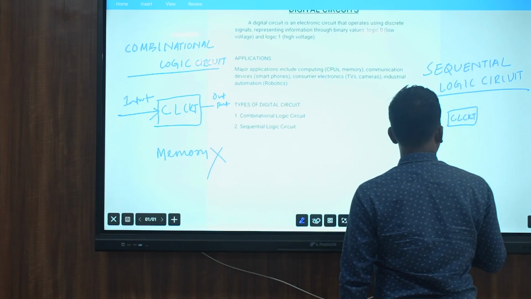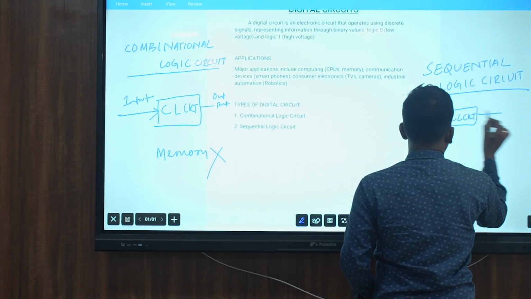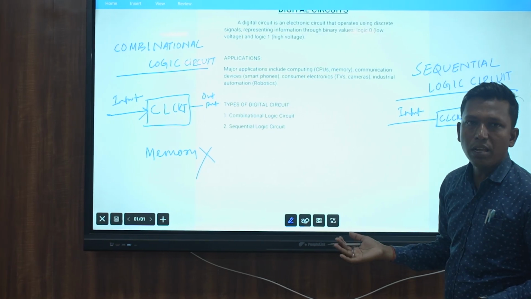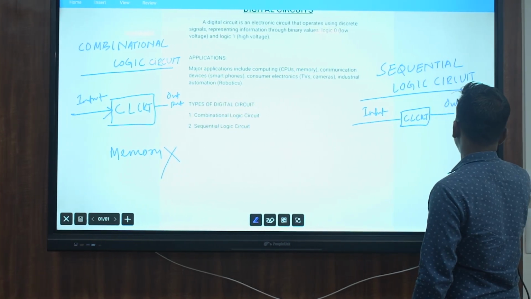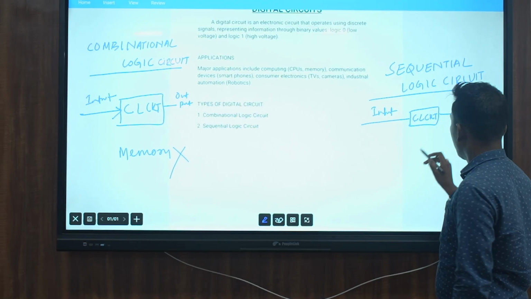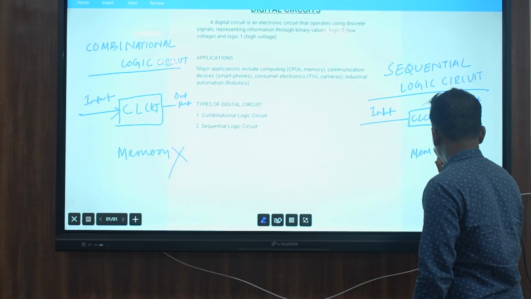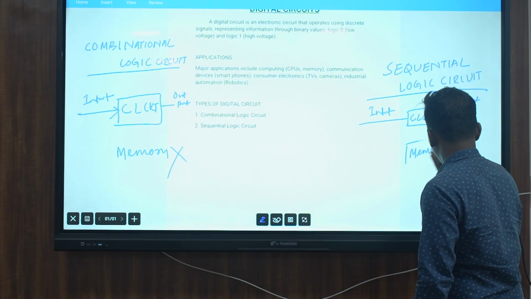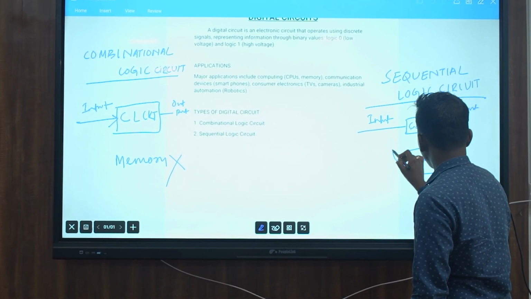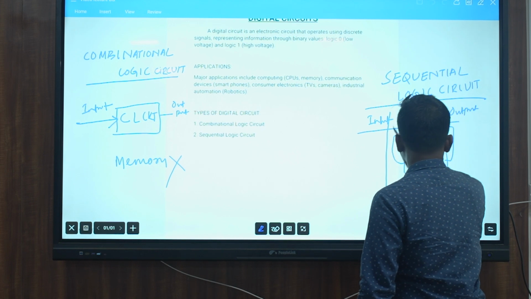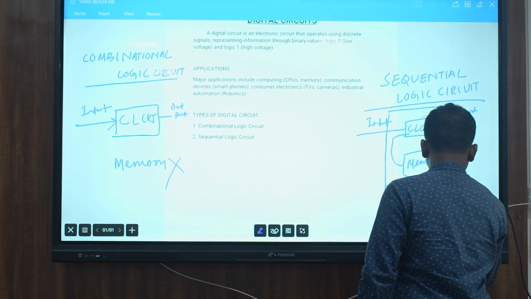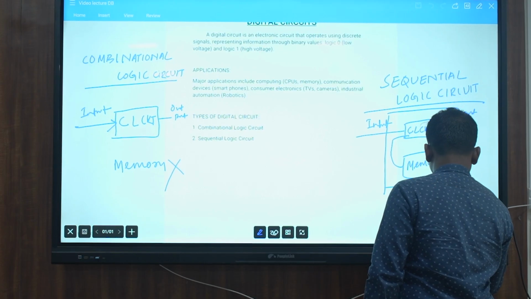You give the present input, whatever input you apply, and accordingly the output is produced. If in the combinational logic circuit I add one memory unit, the entire system becomes a sequential logic circuit.